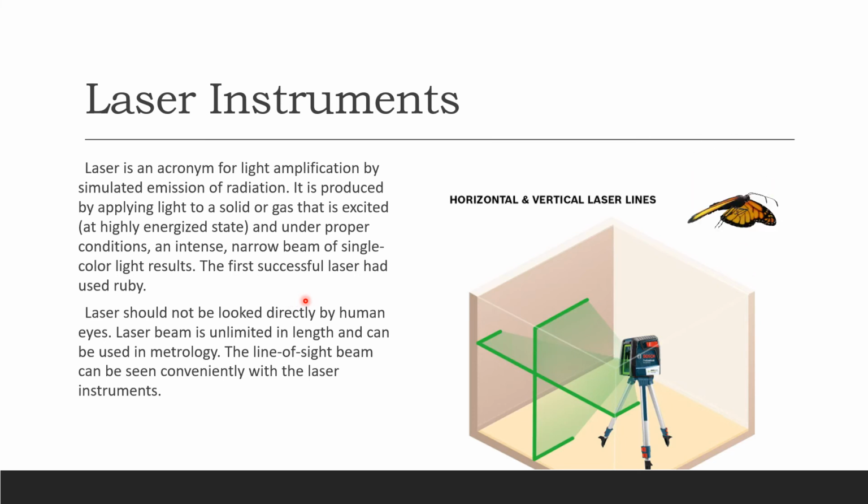The first successful laser used ruby. A laser should not be looked at directly by the human eye. You shouldn't do it because it's going to damage your eyes. The laser beam is unlimited in length, going all the way to infinity, and can be used in metrology.